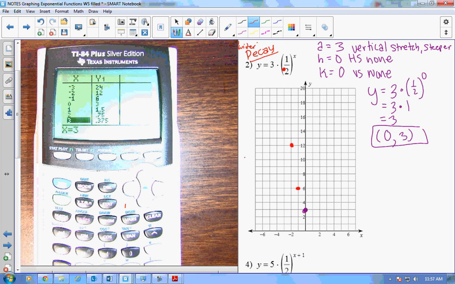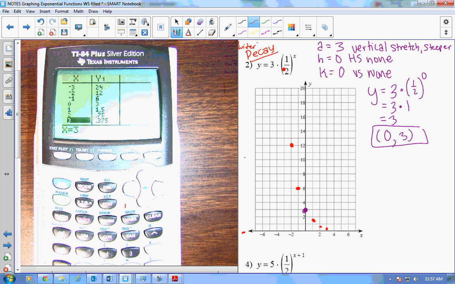And we already plotted 0, 3. Dylan, please make sure you plot these. 1, 1.5. And now we're going to start running into those decimals. The smaller and smaller you get, the more decimals you get. 2.75 and then 0.375.